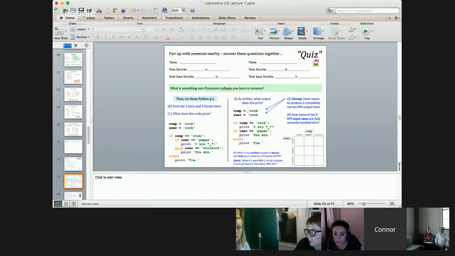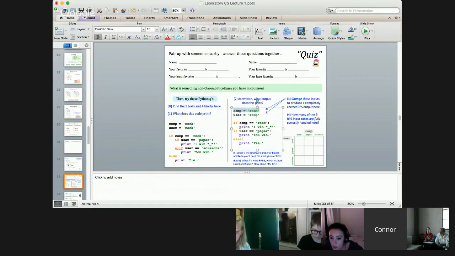Question 2. So we have comp and user are both rock. If comp equals rock, then print I win. That's correct. If user equals paper, print you win, but we don't have paper. Else print tie, but we don't need else because it's going to execute the first if, right?